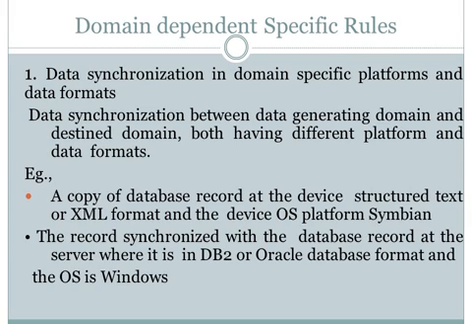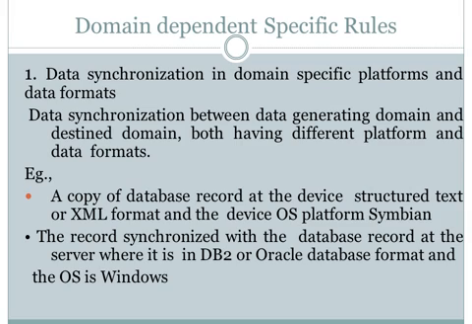So the first domain dependent specific rule is data synchronization in domain specific platforms and data formats. The platforms vary from one domain to another domain, and so do the data formats.